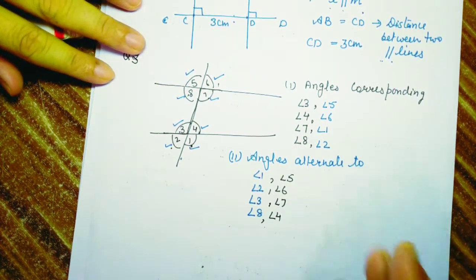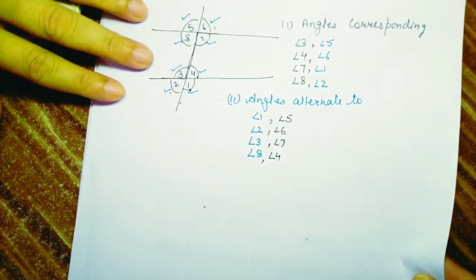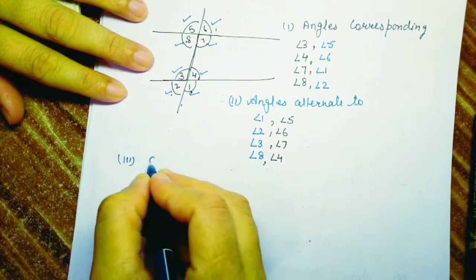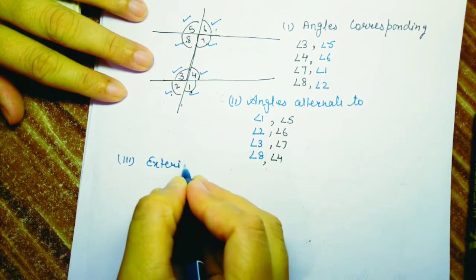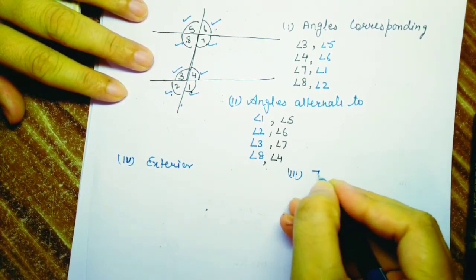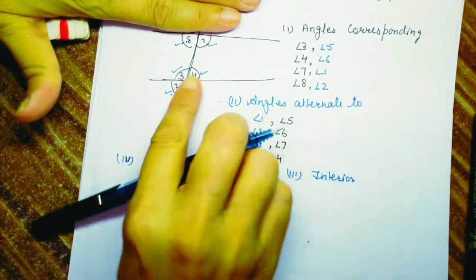The third point is we have to write exterior and interior angles. Okay, the third point is interior and the fourth point is exterior. Interior angles means inside of the transversal.